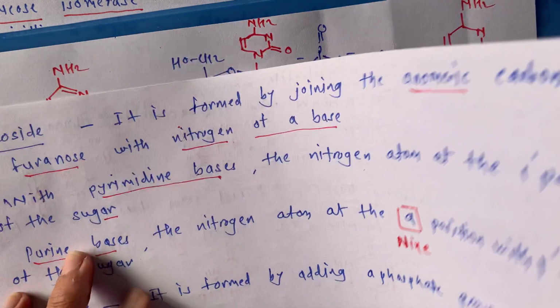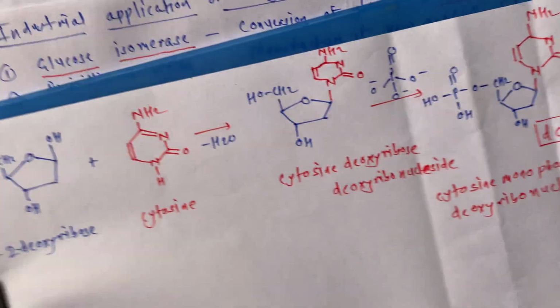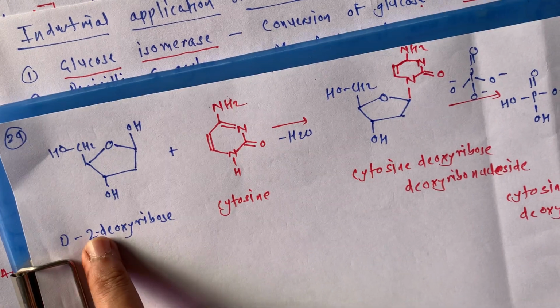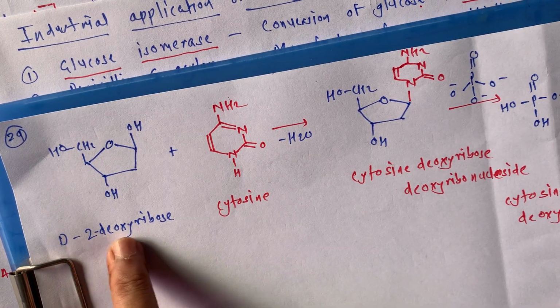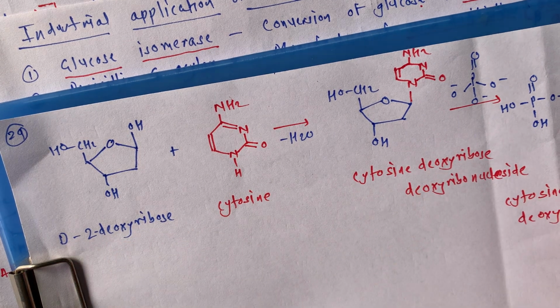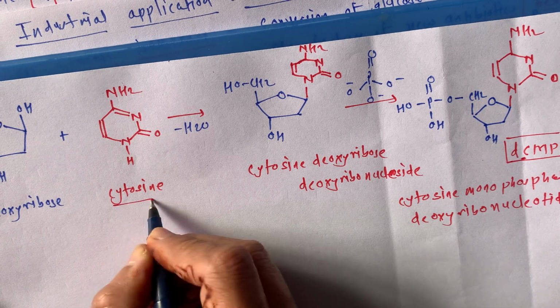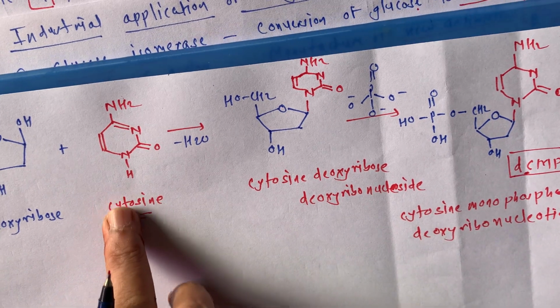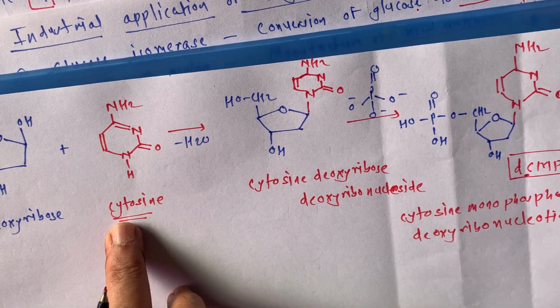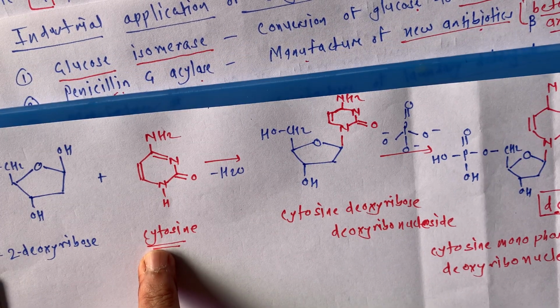Okay, so we are going to now see the DCMP. Here it is, DCMP is made up of 2-deoxyribose, and this C stands for cytosine. This is the structure of cytosine. The parent compound is pyrimidine.